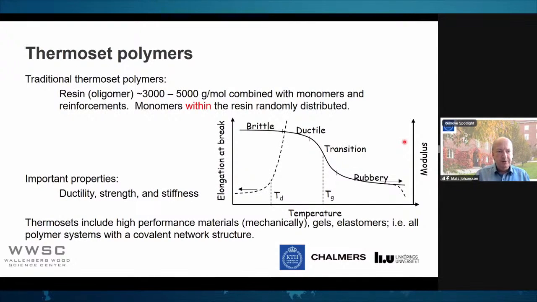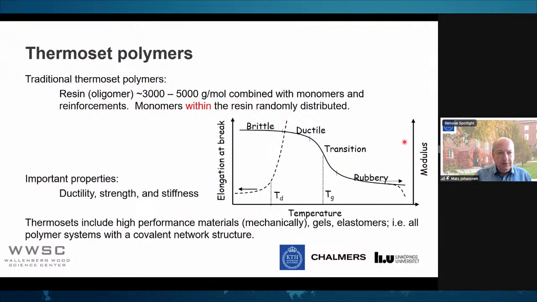So with traditional thermoset polymers, you normally start with a resin, what we call a binder resin or a pre-polymer. That's an oligomer, and in many cases it has a molecular weight between 3,000 and 5,000 grams per mole. And you combine that with other monomers and reinforcements.